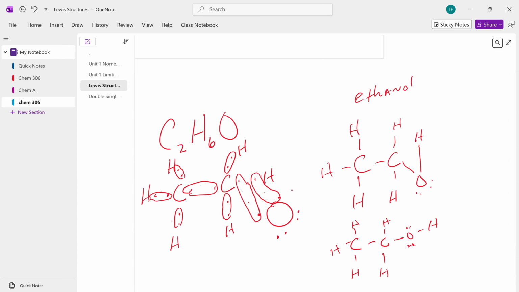This is typically the way you see ethanol on the bottom. But on a test, if you put this one here, it's perfectly fine because it's legal.